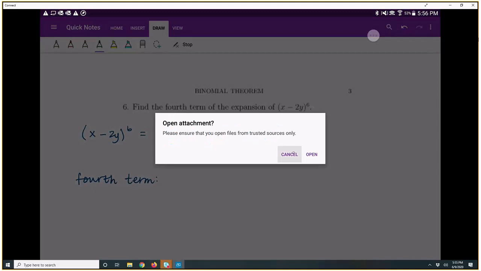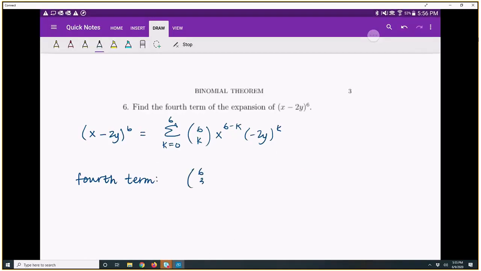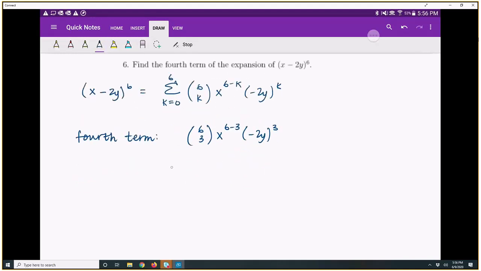That should be 6 choose 3 times x to the 6 minus 3 times minus 2y to the 3. 6 choose 3 is 20.